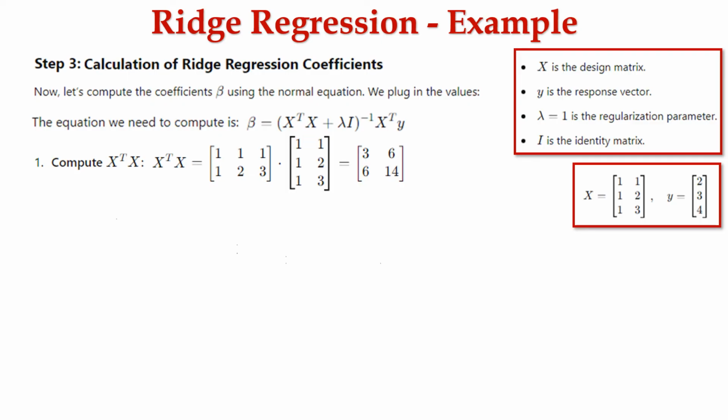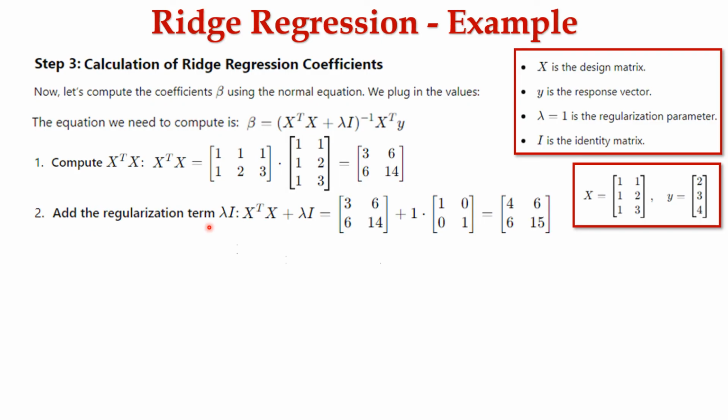In the next step, we need to add the regularization term lambda I, that is X transpose X plus lambda I. In the previous step, we calculated X transpose X. The value was 3, 6, 6, 14. The value for lambda is initialized with 1. So we have written it as 1. It should be multiplied with the identity matrix, that is 1, 0, 0, 1.